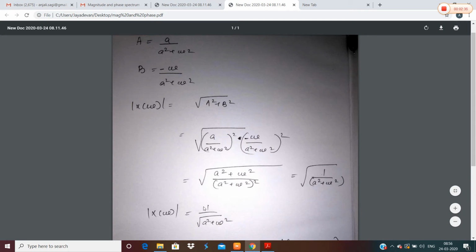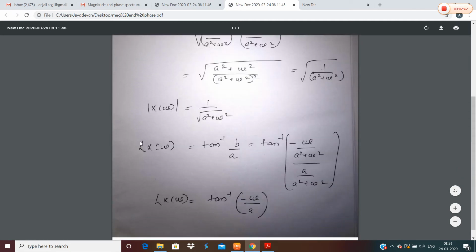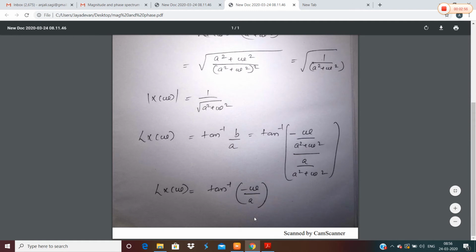On applying the root, we'll get mod X of omega is 1 by root of a square plus omega square. And in the next section, we'll find out angle X of omega, which is equal to tan inverse of b by a. Substituting capital A and capital B, we'll get angle X of omega as tan inverse of minus omega by a. So this is your magnitude spectrum data as well as your phase spectrum data.